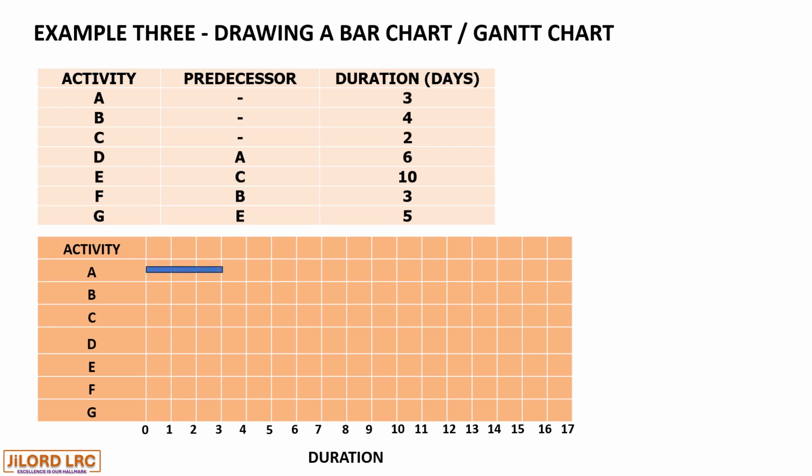B also commences from 0 with no predecessor, with a duration of 4 days. Activity C also commences from 0 with a duration of 2 days.